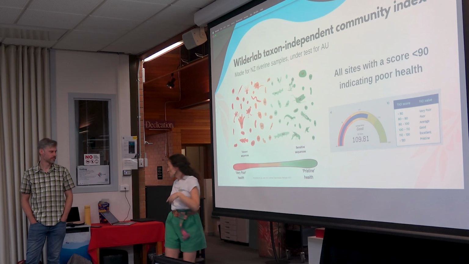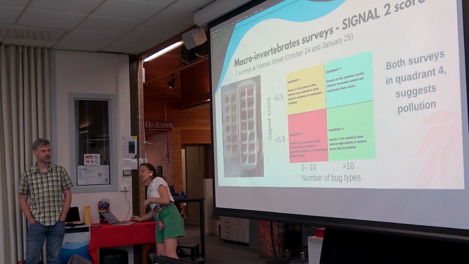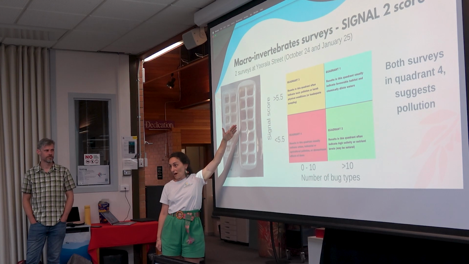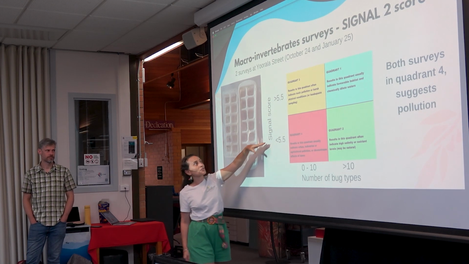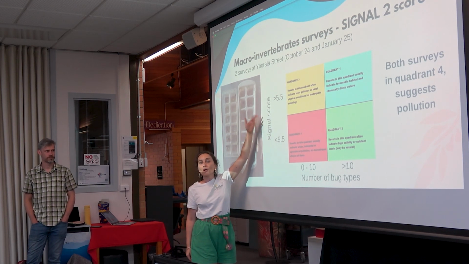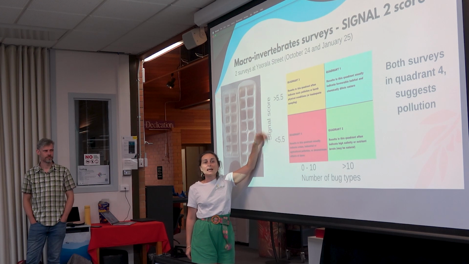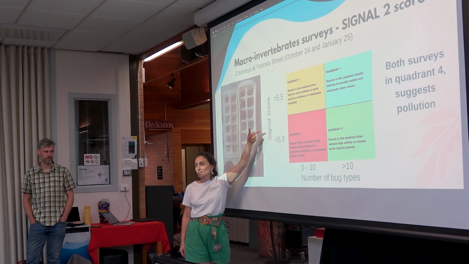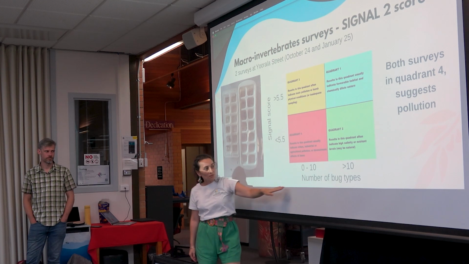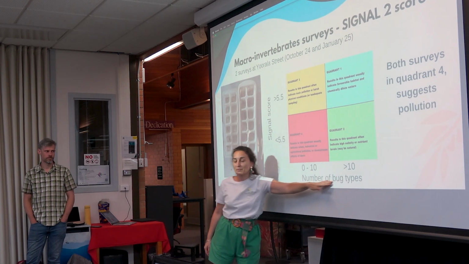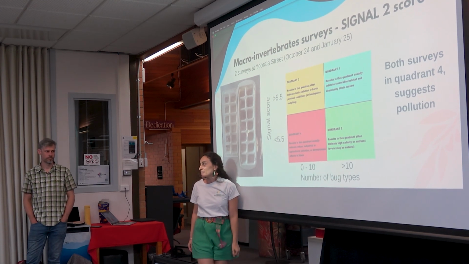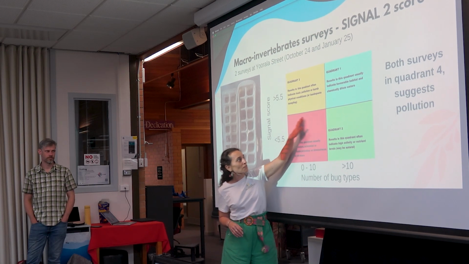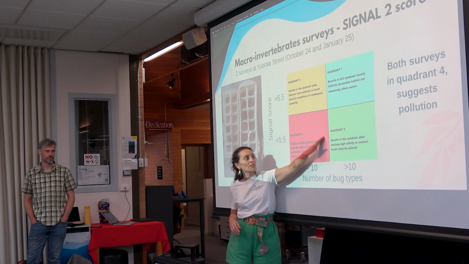With that survey, we do exactly the same thing, and we count how many there are of each. So that SIGNAL score is the number of sensitivity, and also takes into consideration how many of those animals we had. And then there's also the number of types of bugs that we detected. To make it short, both our surveys had a result here.